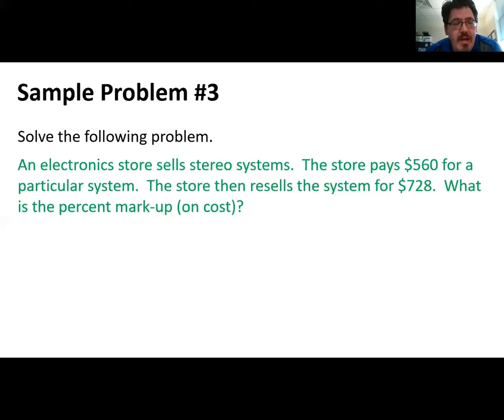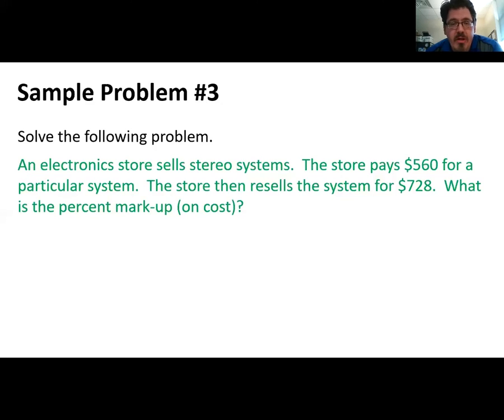We want to figure out what the percent markup is. So this time we're looking for the percent. In the other two problems, in one we were looking for the selling price, in one we were looking for the cost, the original purchase price by the company. Here we're looking for the percent markup.